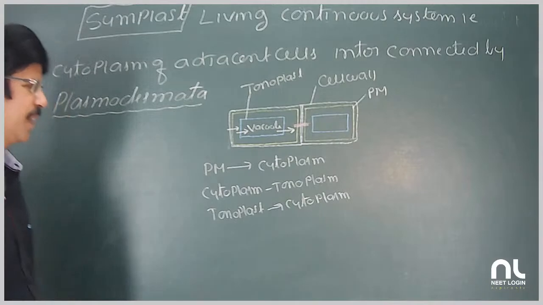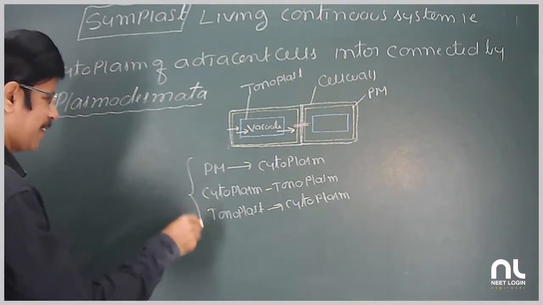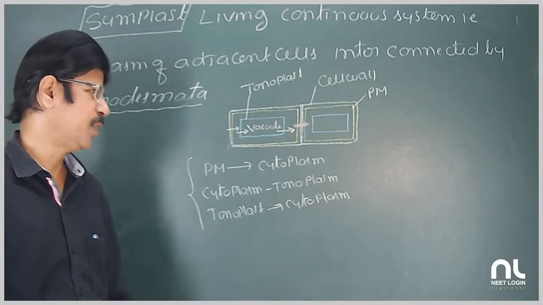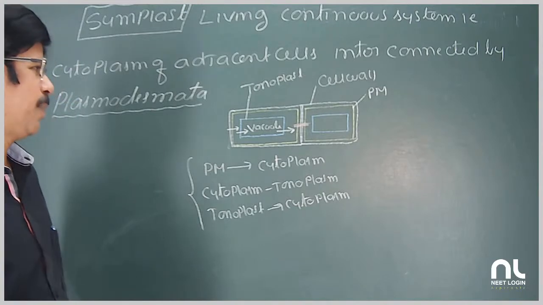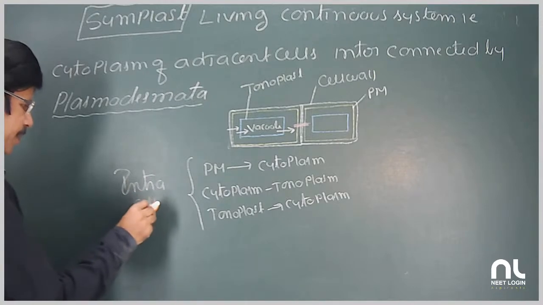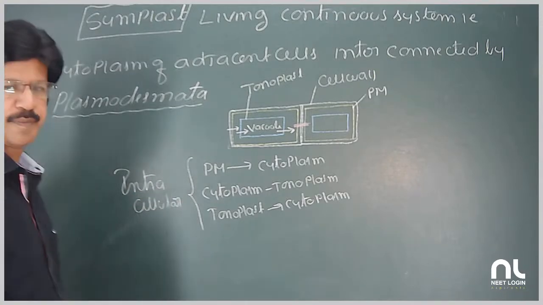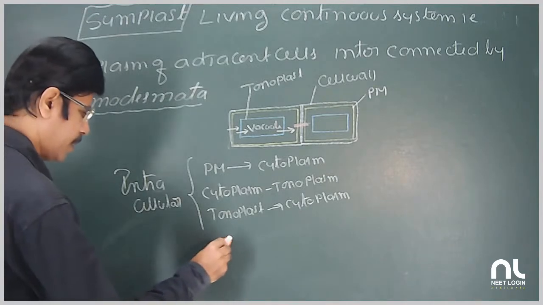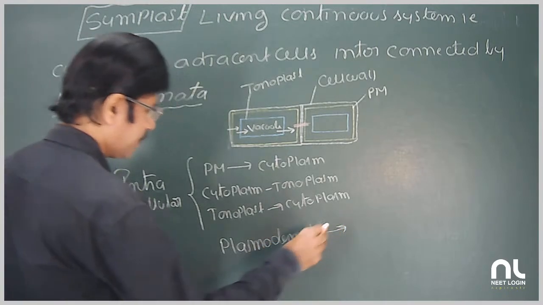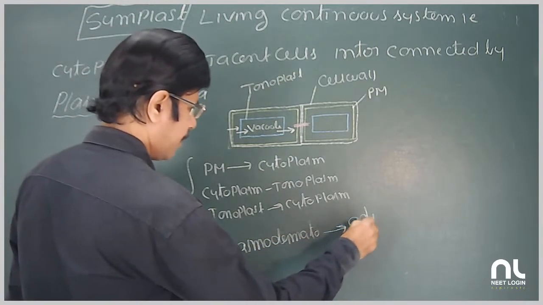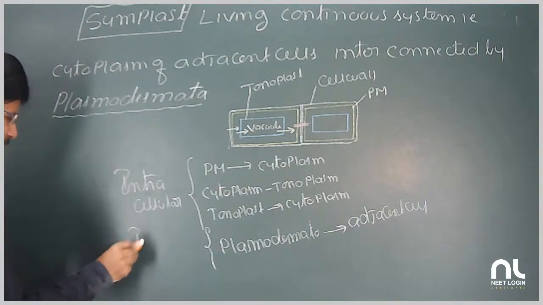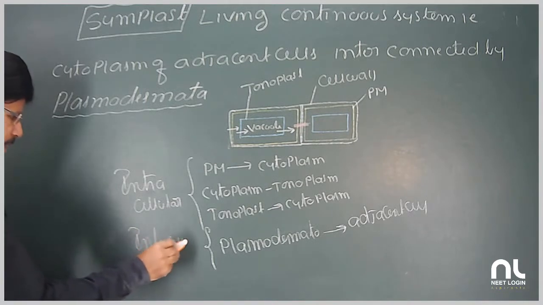So it is within the cell: plasma membrane to cytoplasm, cytoplasm to tonoplast, tonoplast to cytoplasm. It is intracellular. Okay. Plasmodesmata to the adjacent cell. It is intercellular.